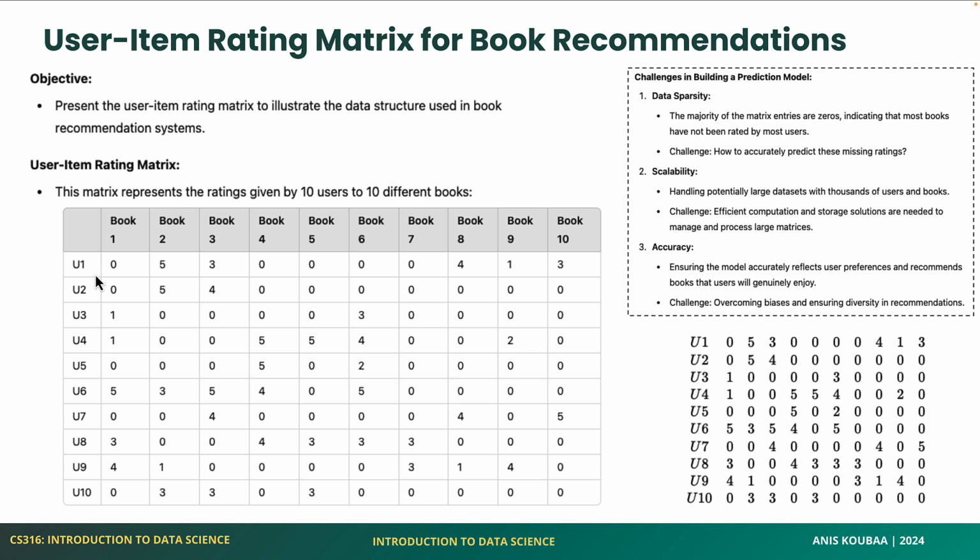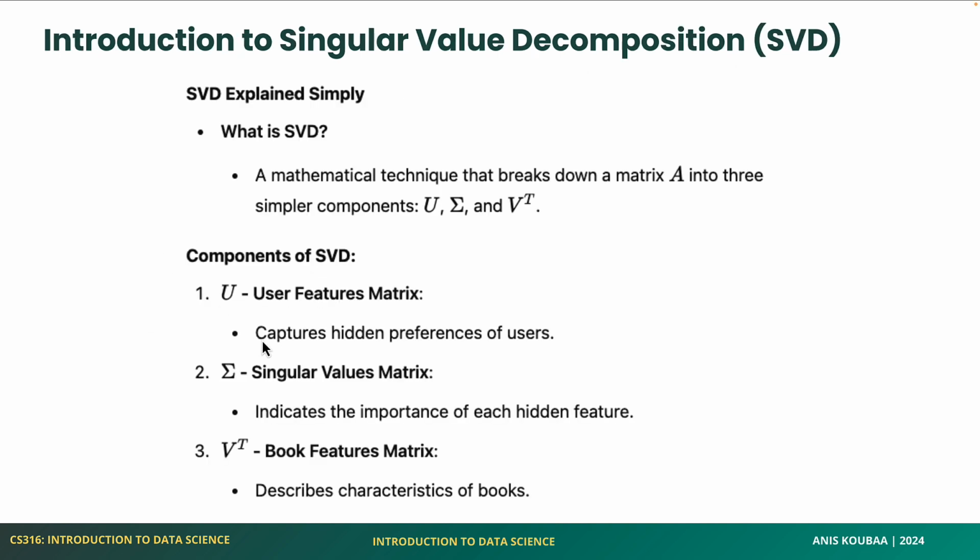For example, this user selected these books. Maybe these books are related to literature. So there can be hidden preferences of the user that we don't understand. Okay, some users may like literature books, some others would like, for example, scientific books, some other science fiction books. And using singular value decomposition, we can actually decompose the big matrix into U, where U is going to capture some hidden preferences of the user, and V will describe the characteristics of the books.